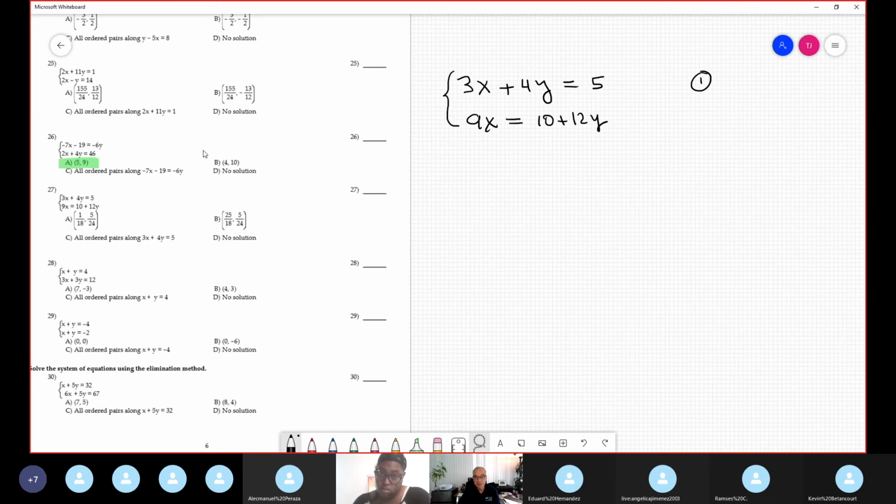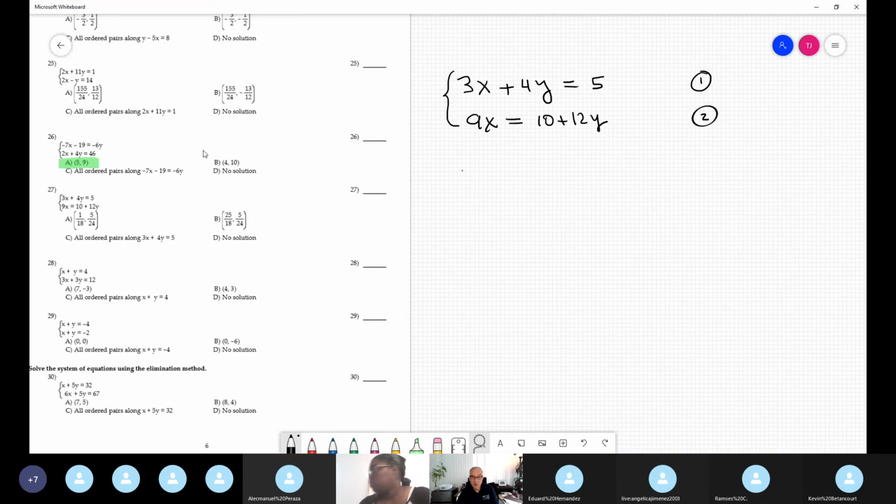Totally disorganized. We have no coefficient that is 1 or negative 1. So, using my imagination, I take the first equation, which in my opinion is better. I copy it again.